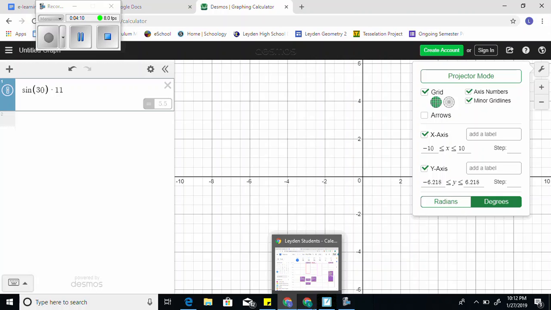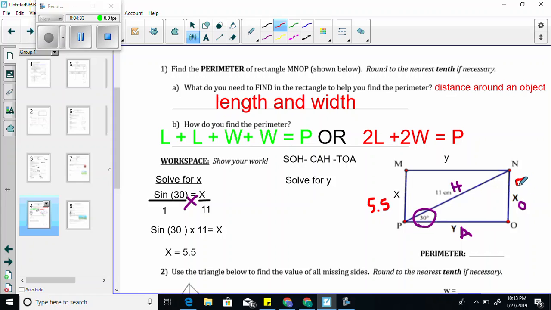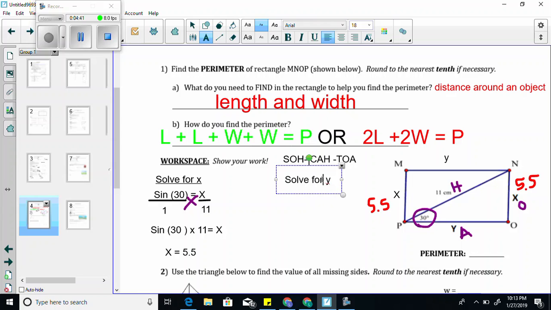So you're going to come back, and you know that x equals 5.5, which means this side equals 5.5, and so does this side. Awesome.